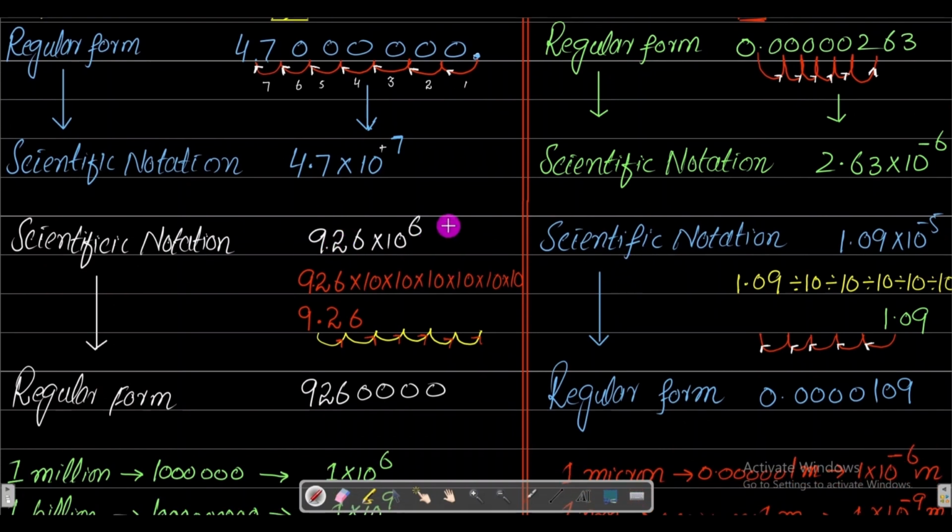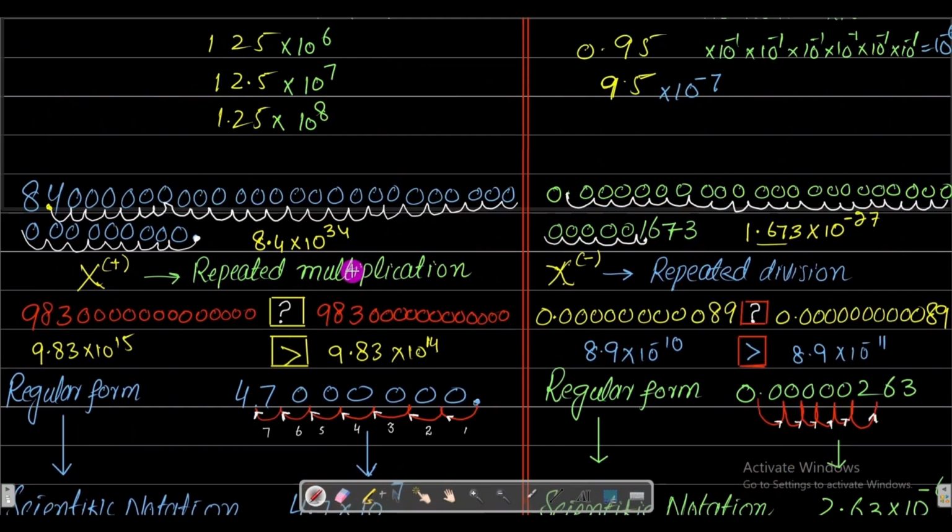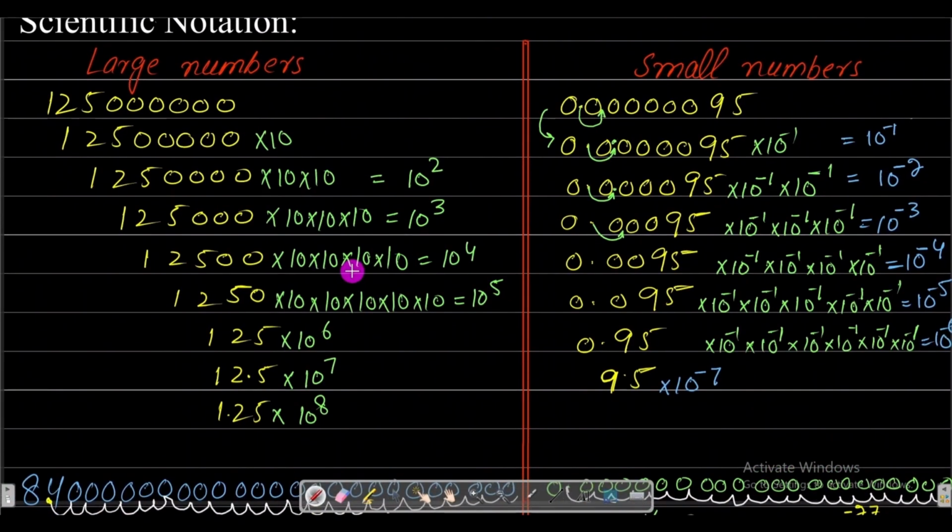So here, if we have that same scientific notation, and if someone asks you to convert this scientific notation into regular form, the same reverse engineering will occur here. So here we have this number, and if someone asks you to convert this compact form again to this form, we will use the reverse engineering here.